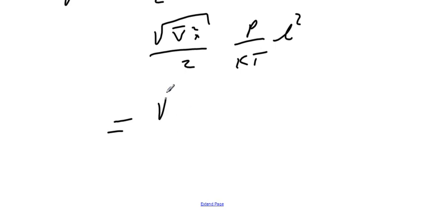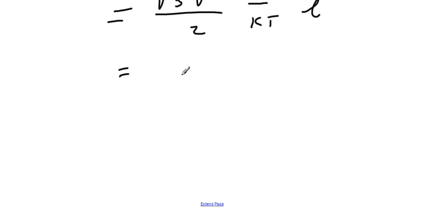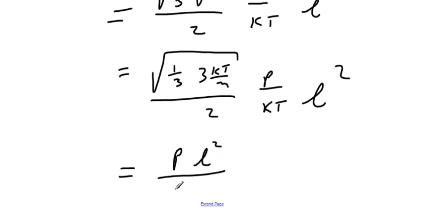Which then can be turned into the square root of 1/3 V bar squared divided by 2 P over KT L squared, and we end up with the square root of 1/3 times 3 KT over M divided by 2 P over KT L squared, which ends up being PL squared divided by the square root of 4MKT.